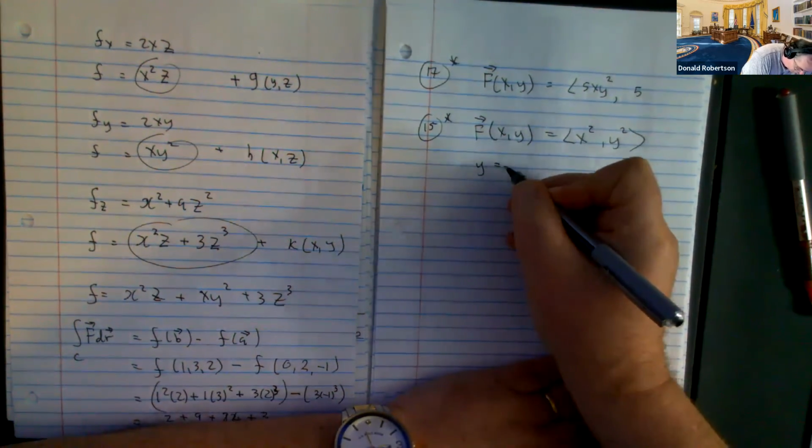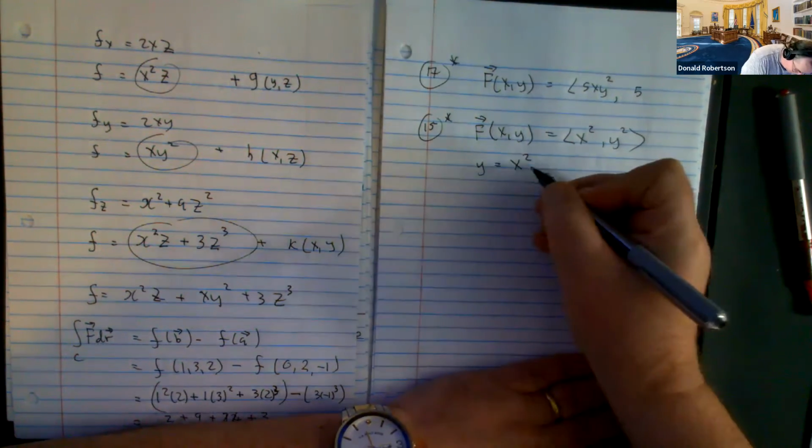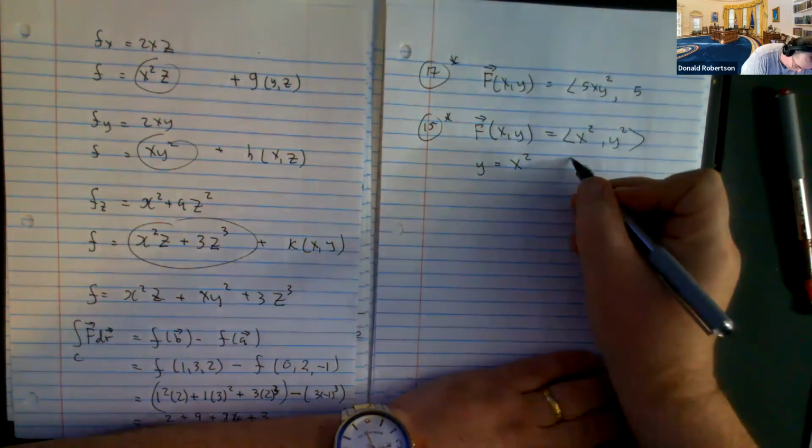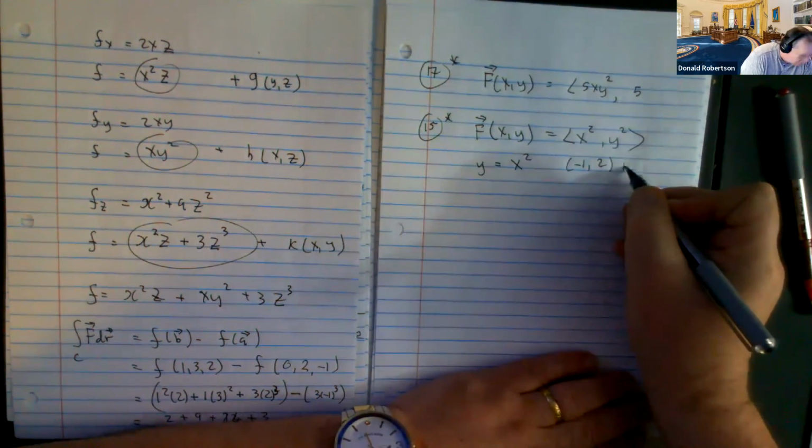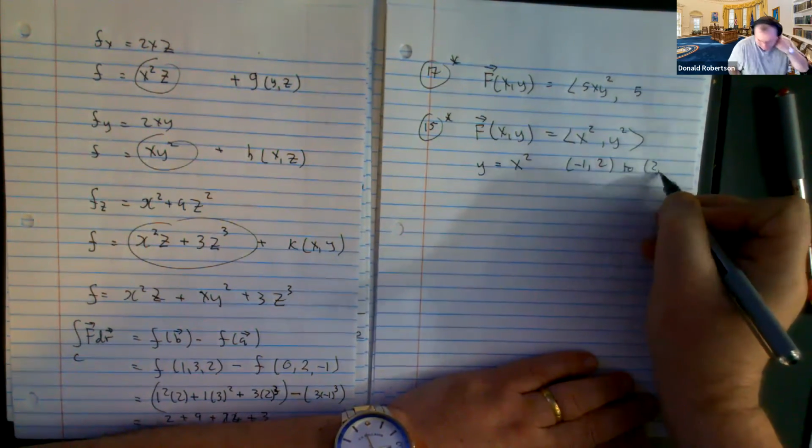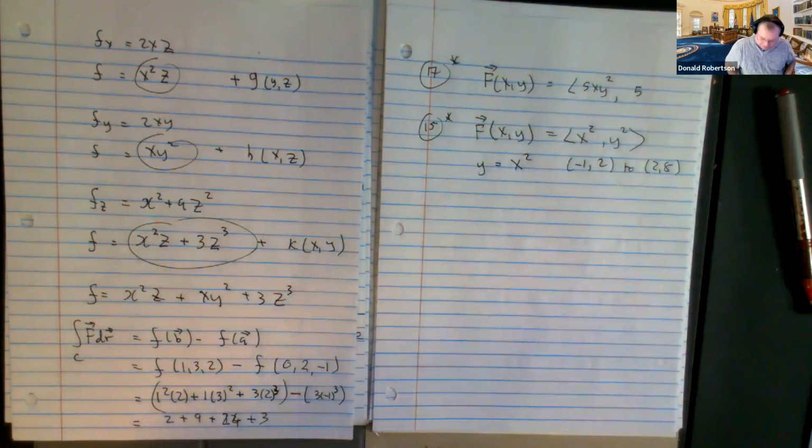You're traveling along the curve y equals x squared, and you're going from the point (-1, 2) to the point (2, 8). Well, haven't you basically told me the coordinates of A and B?